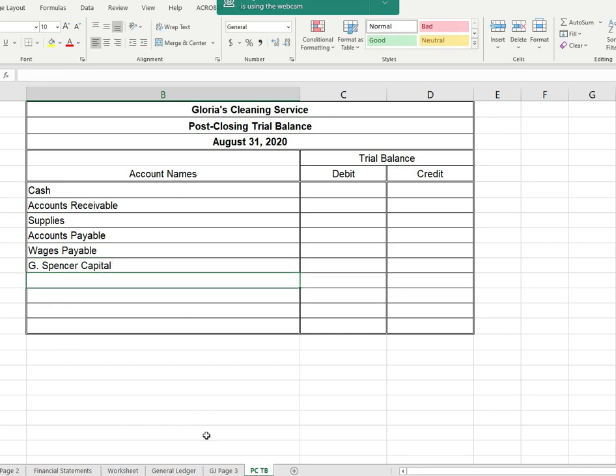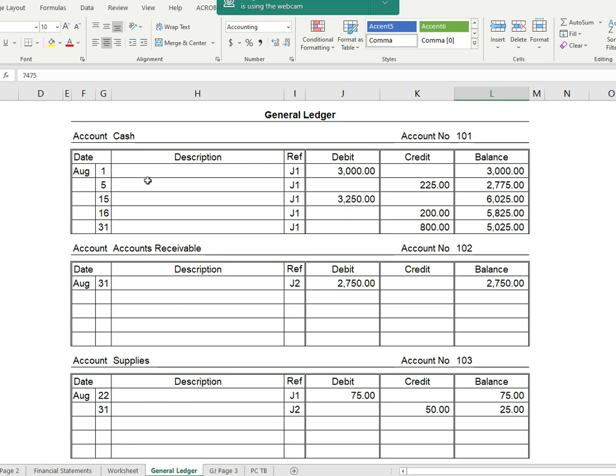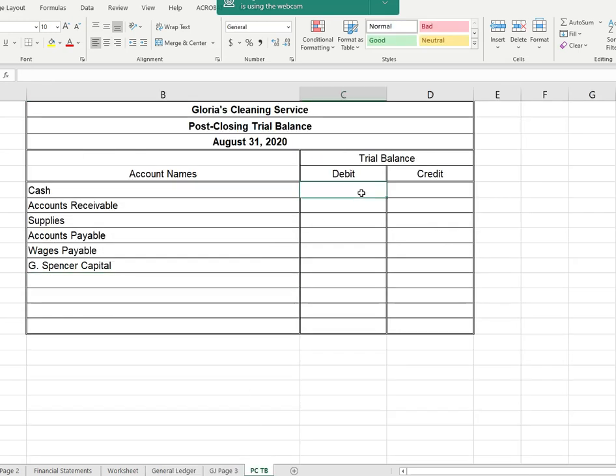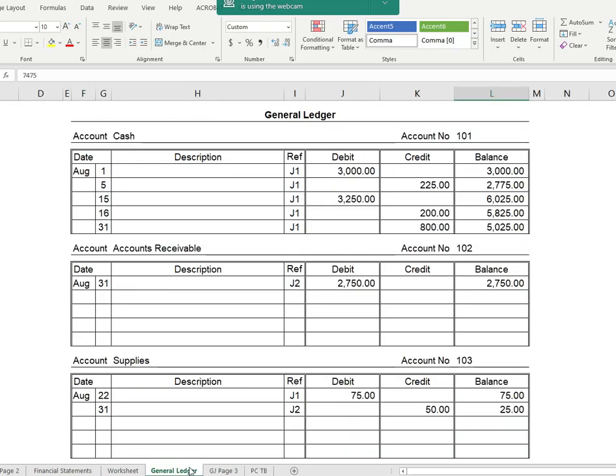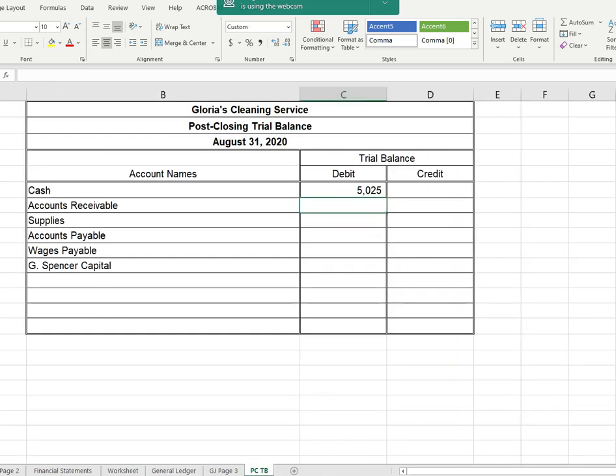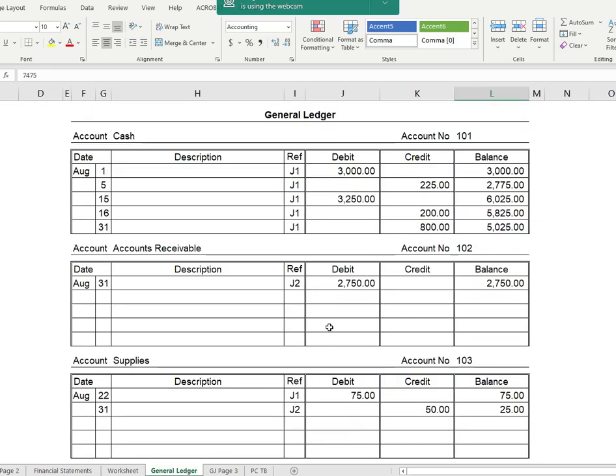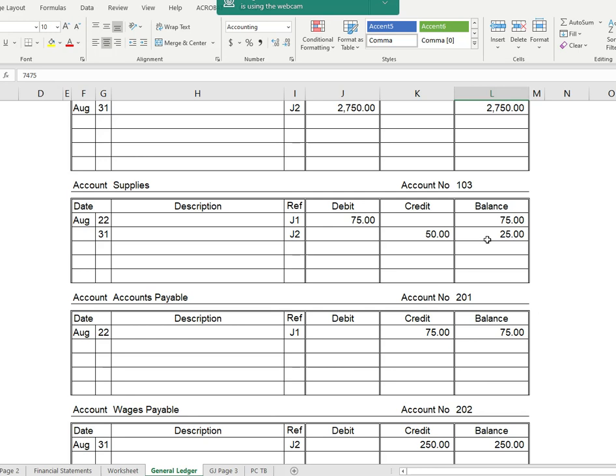Okay, so let's go to the general ledger, and our balance in cash is $5,025. It's a debit, and there we go. Next, accounts receivable is $2,750, and that is also a debit. Okay, next is supplies, and we have a balance of $25, also on the debit.